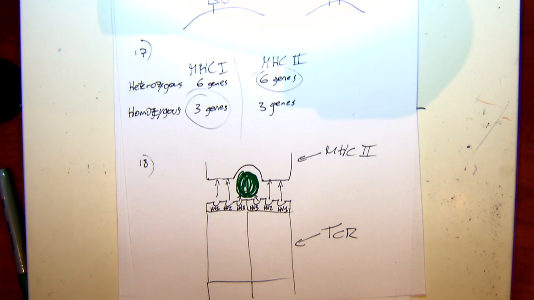Then B and C, or none of the above. So the right one, although some of you would like to put D, is actually B, because one of the RAG genes is affected, and it does influence TCR recombination. So with SCID, your RAG genes won't work, so your T cells won't be able to make any working TCRs.